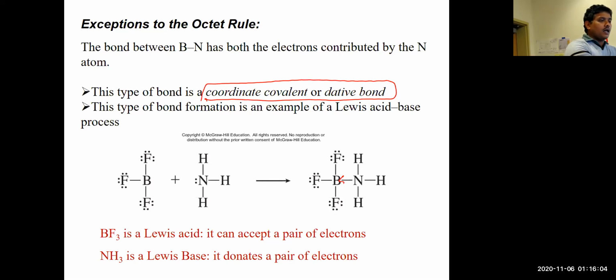Here, BF3 is electron deficient and NH3 is electron rich. Electron deficient molecules are called Lewis acids, and electron rich molecules are called Lewis bases. So here, the Lewis base attacks the Lewis acid to give 8 electrons to boron, and it always forms a complex.